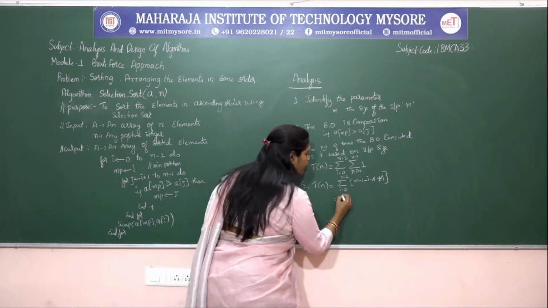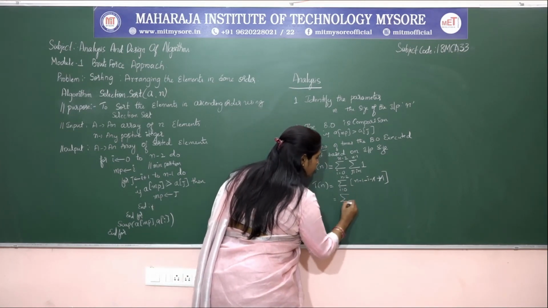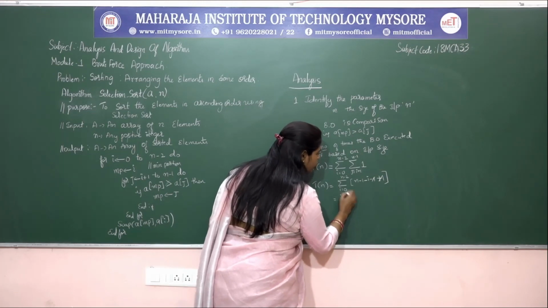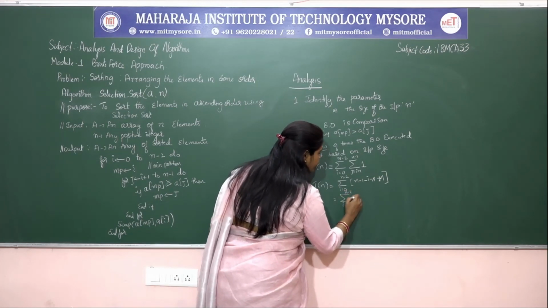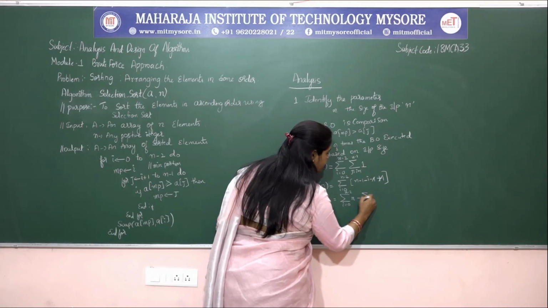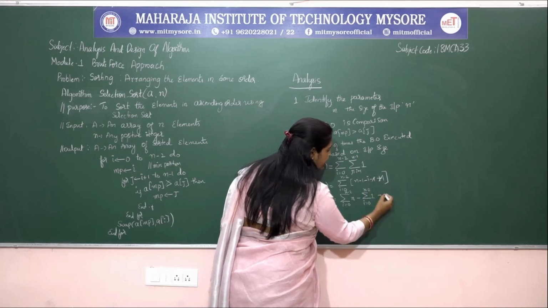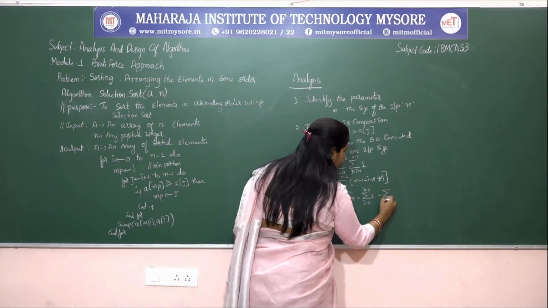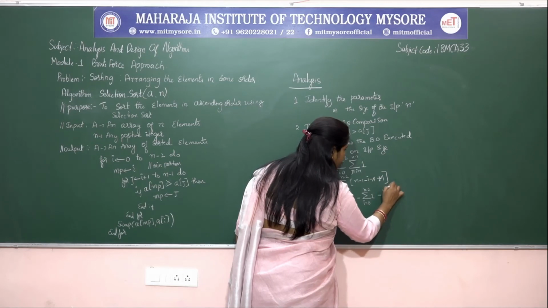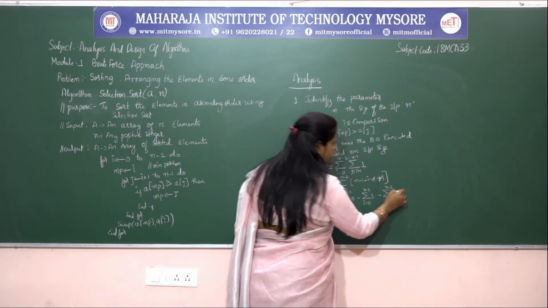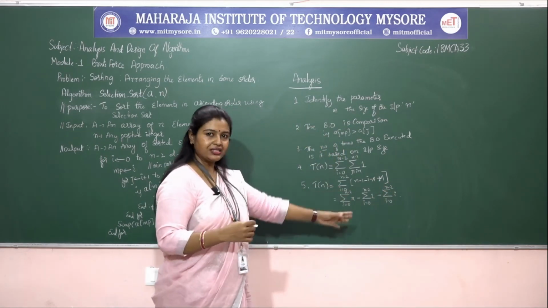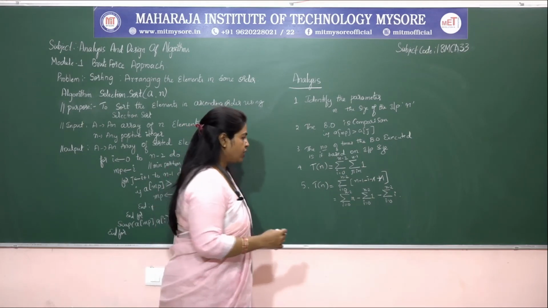Okay. Now if you apply that summation, what happens? Summation i is equal to 0 to n minus 2 of n, minus summation i is equal to 0 to n minus 2 of 1, minus another one we have, that is summation i from 0 to n minus 2 of i, right? So now we need to solve the summation equations separately.